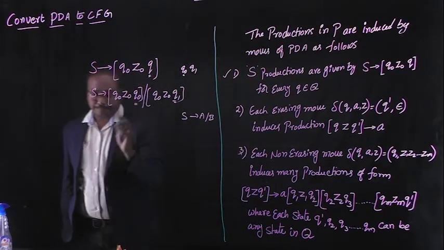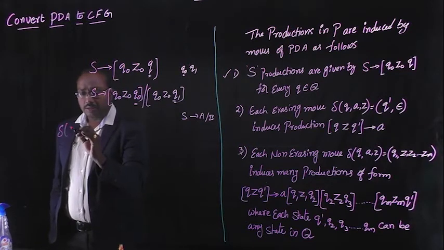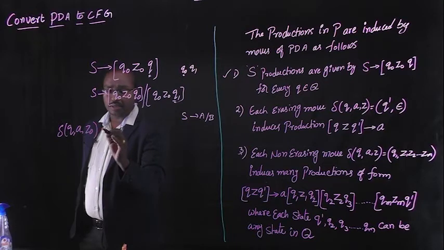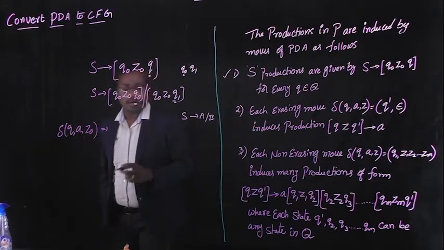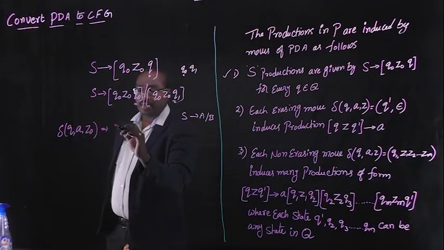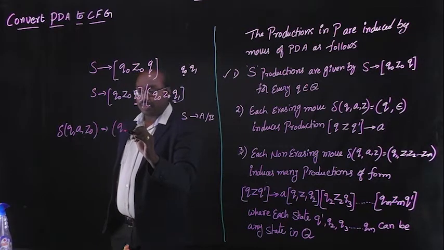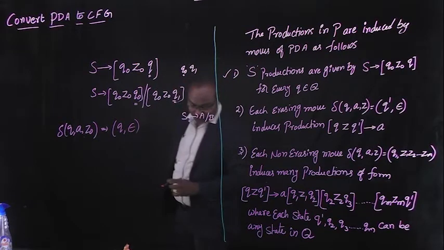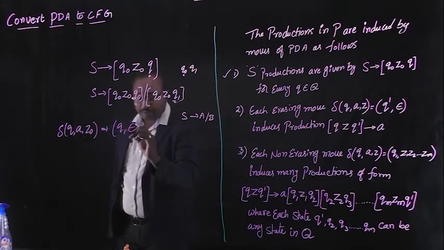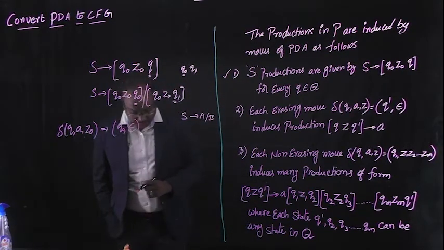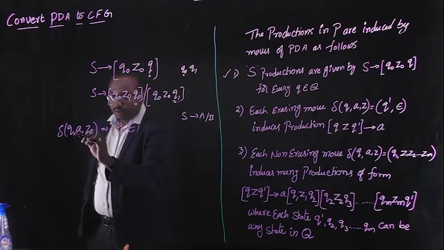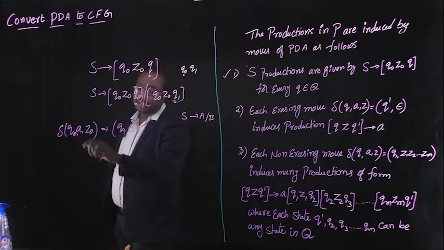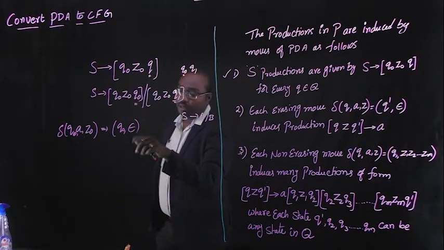For example, delta(q, a, Z0), if we are not pushing any element into the stack, that means it is nothing, we can perform (q, epsilon). So then how to write the production rule? [q0 Z0 q0].